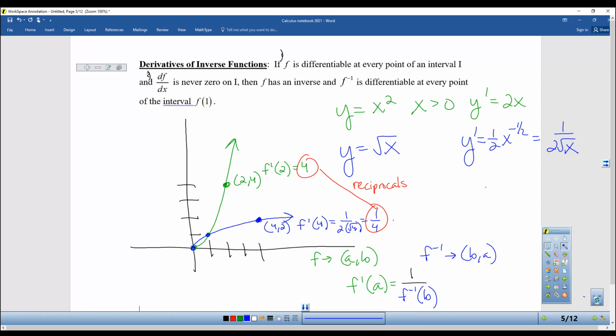So the x and the y switch. And if you look at that, see, this is really shallow, and this is really steep. As this gets more steep, this gets more shallow. See how that works?